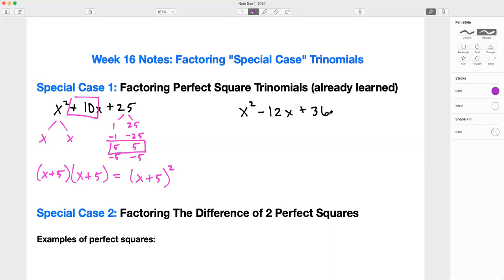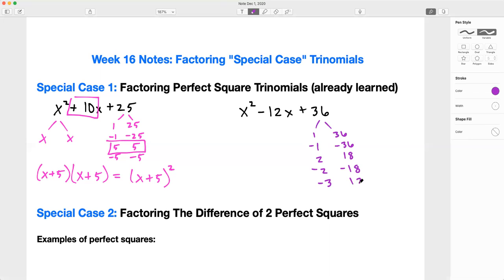Okay, so when we think about factors of 36, I think about, of course, 1 and 36, -1 and -36, 2 and 18, -2 and -18. There's 12 times 3. But I'm also looking at 6 and 6.